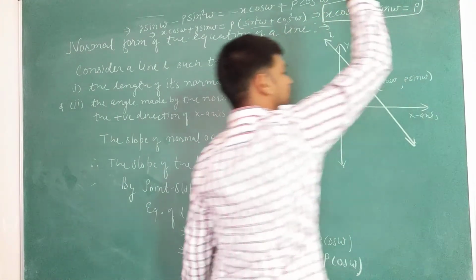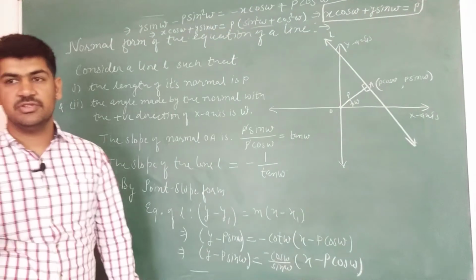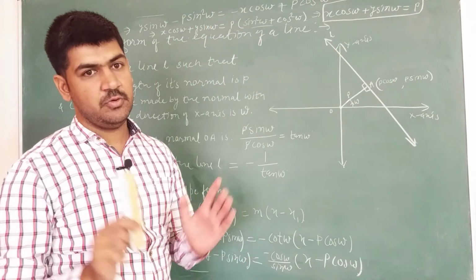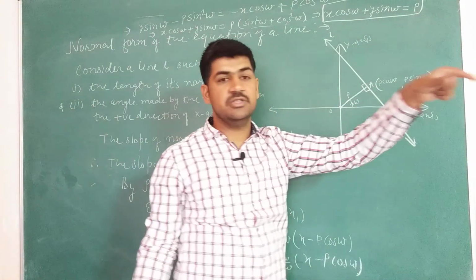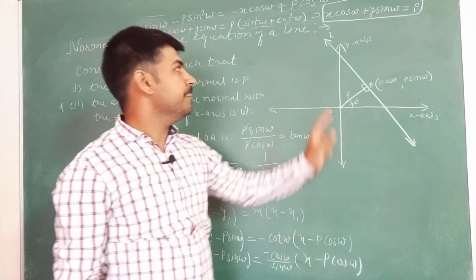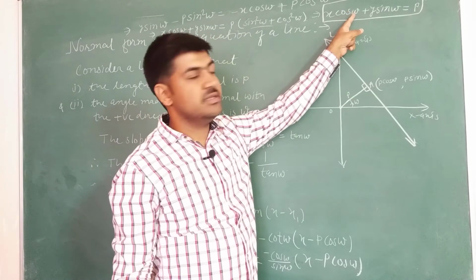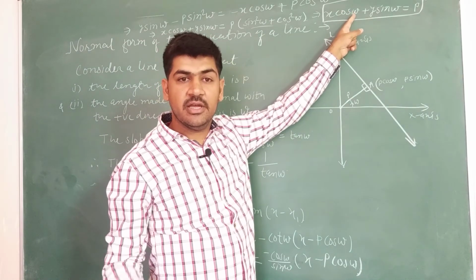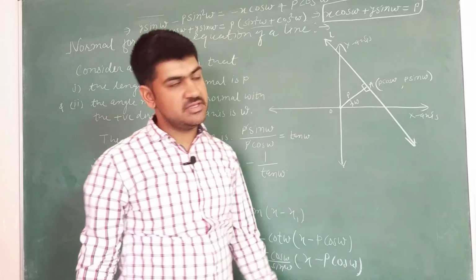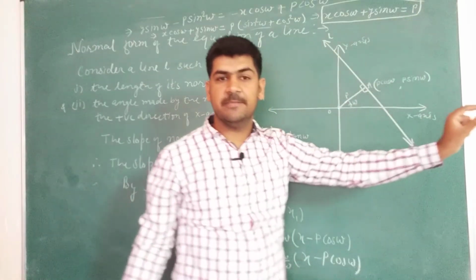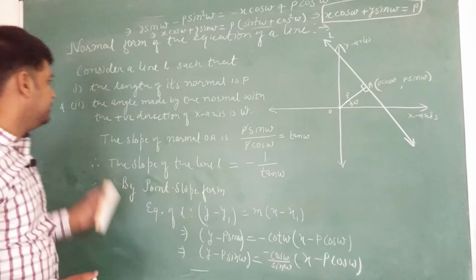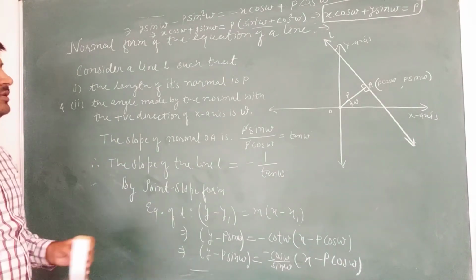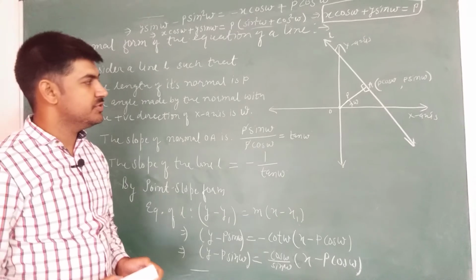Keep always in your mind, x cos omega plus y sin omega is equal to p is the normal form of equation of a line, where omega is the angle made by the normal with the positive direction of x-axis and p is the length of normal. So that's how we have got the normal form of equation of a line.